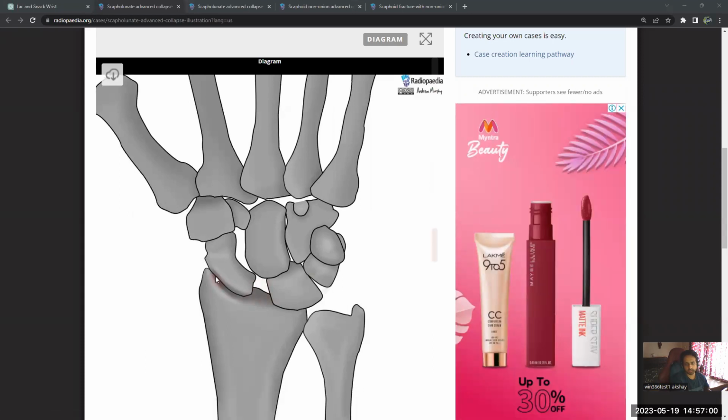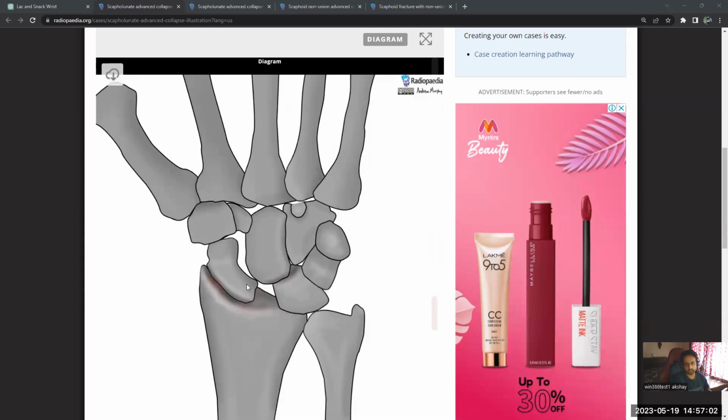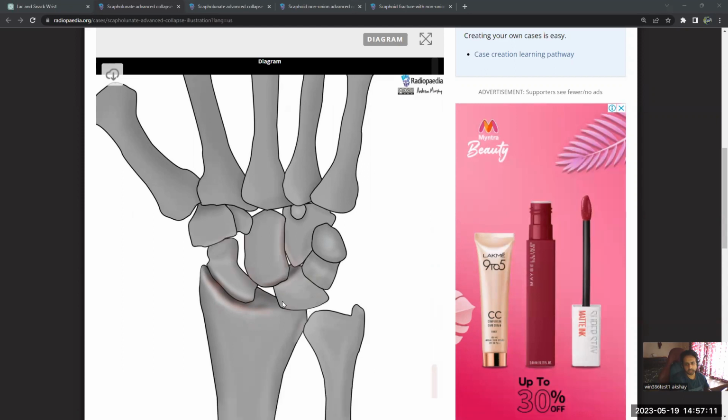Then more changes develop between the capitate and the lunate, and finally even between the radioulnar joint. So this is what happens in a SLAC wrist.